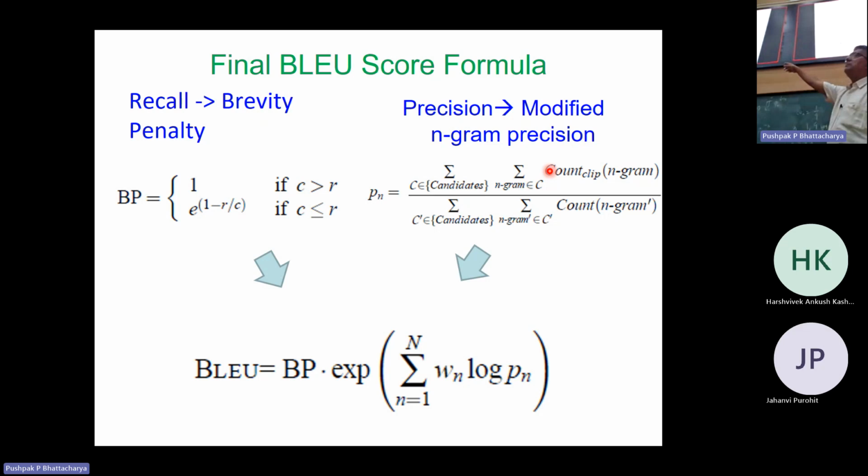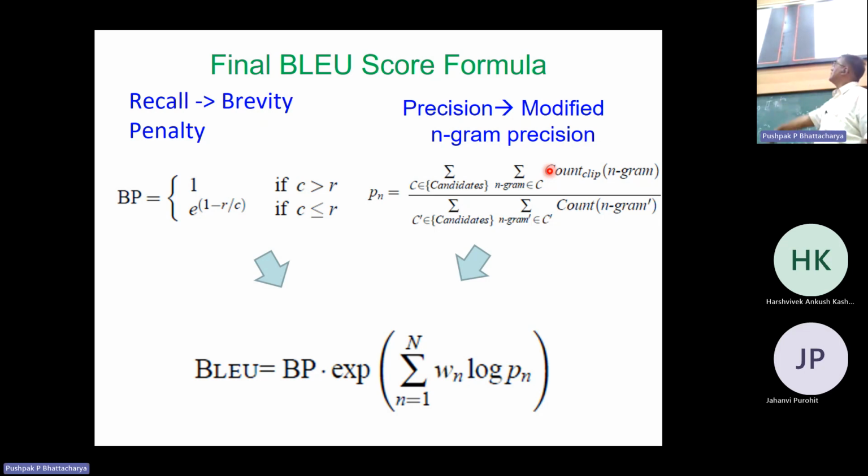So that's why you introduce BP. So if you multiply this by BP, then it will have a reducing influence on this geometric mean. If the candidate translation is shorter in length than the reference translation, there will be a reducing factor.